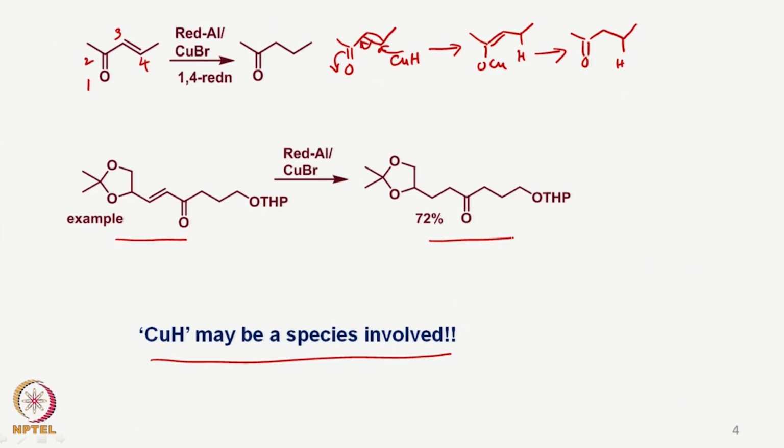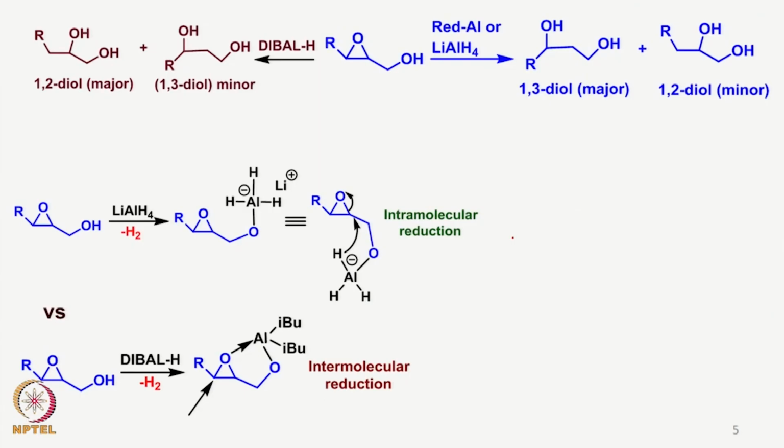There is another interesting reduction which is very specific and selective, that is of epoxy alcohols. These are 2,3 epoxy alcohols, so you have 1, 2 and 3.